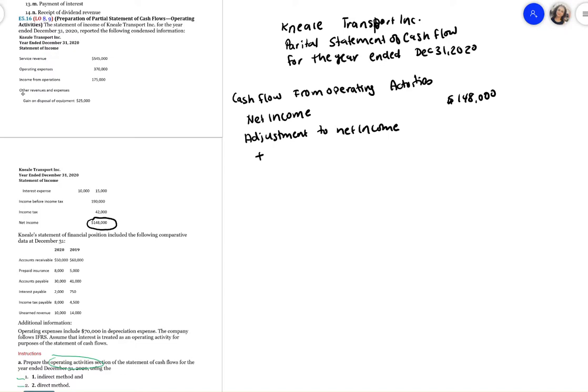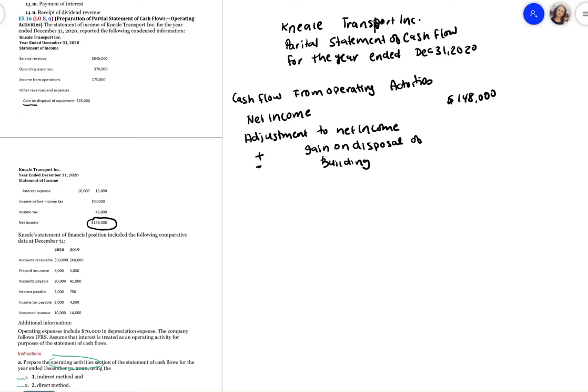So going forward, we have a gain on disposal of an asset. That's our first one. So are you going to add or subtract? When you have a gain, it is treated like a revenue. Gain on disposal of building.